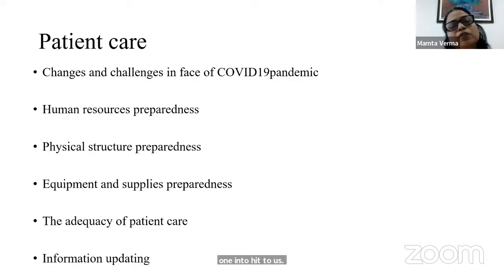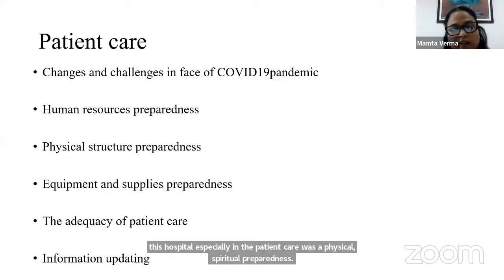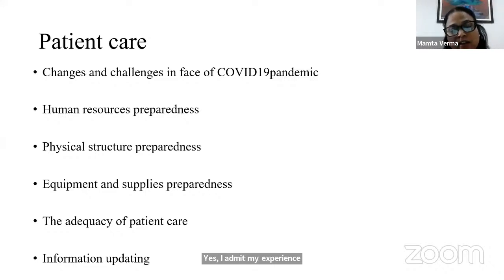Apart from human resource preparedness, another challenge which the world suddenly faced in the hospital, especially in patient care, was physical structural preparedness. Yes, I admit, my experience also recalls that we were ordered, okay, prepare a 100-bed ICU overnight, like you are preparing the set of a big movie. There was nothing, there were only walls. Sometimes there were no walls.